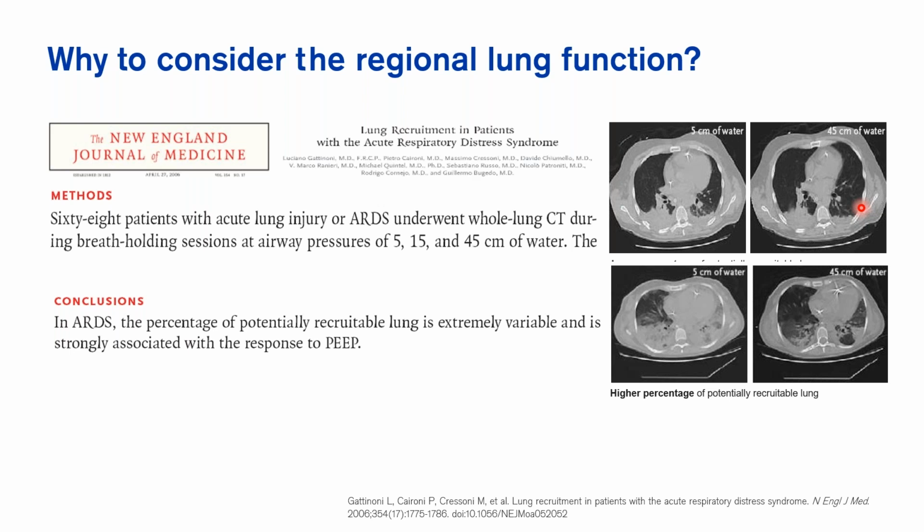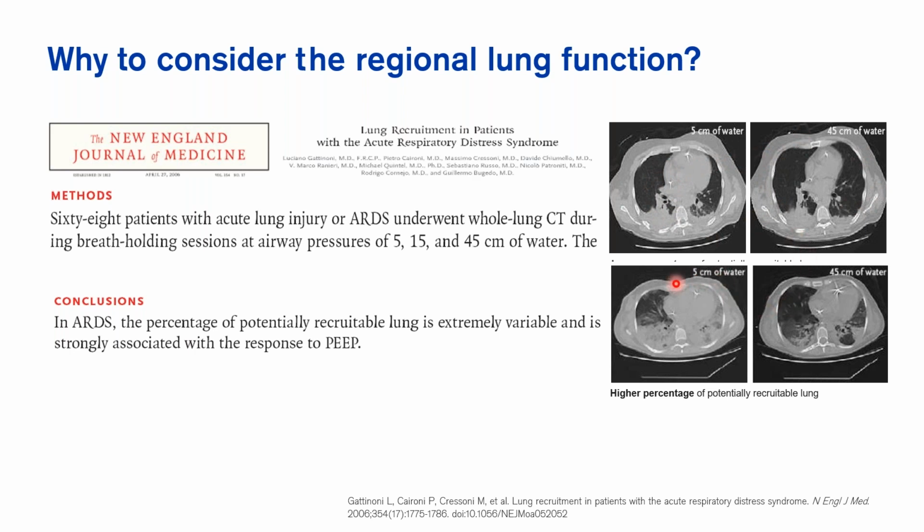But judging by the ventilator only is very difficult. For example, in this picture, the aerated area of the lung at 5 centimeters of water and at 45 centimeters of water is not significantly different.